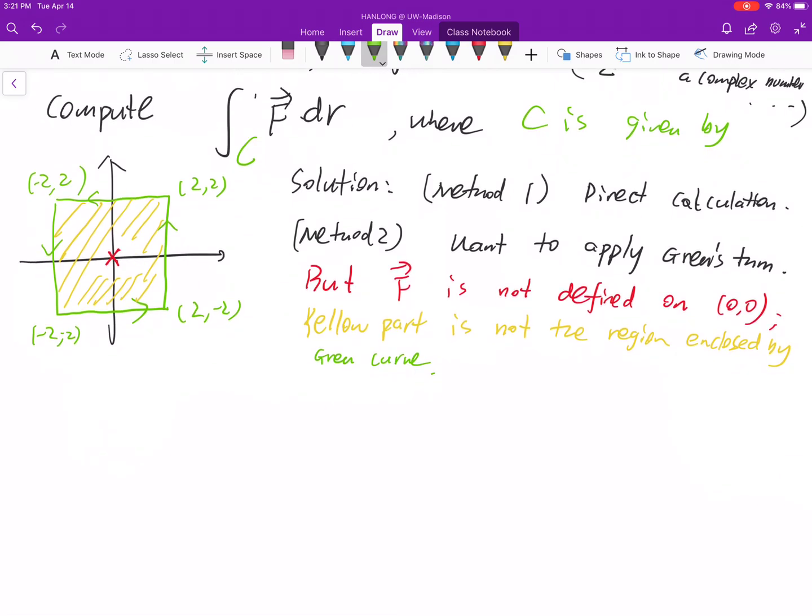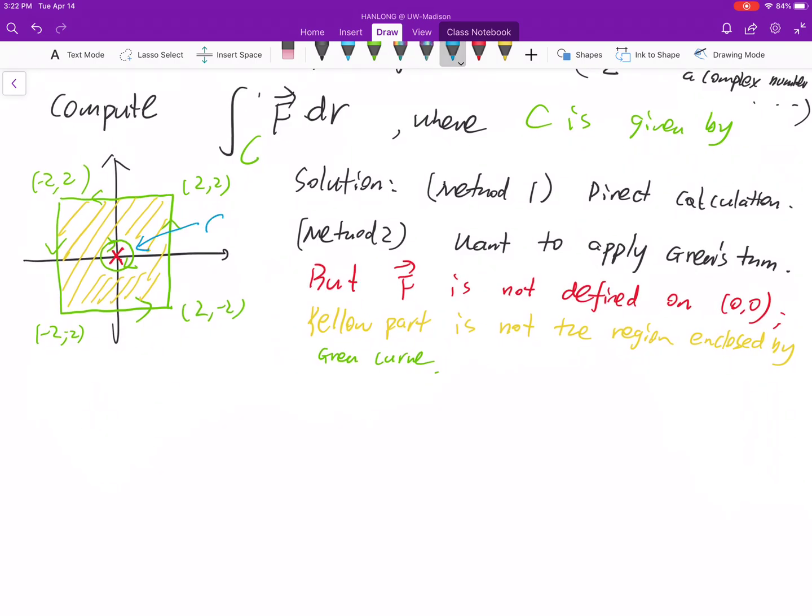You have some ambiguity inside it. So therefore, we choose a small circle to cut it. Okay, or we choose another to cut it. So we call this C2.